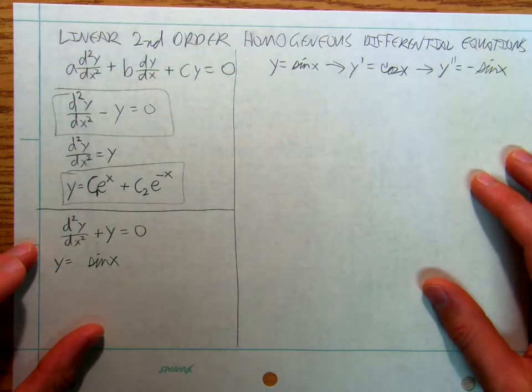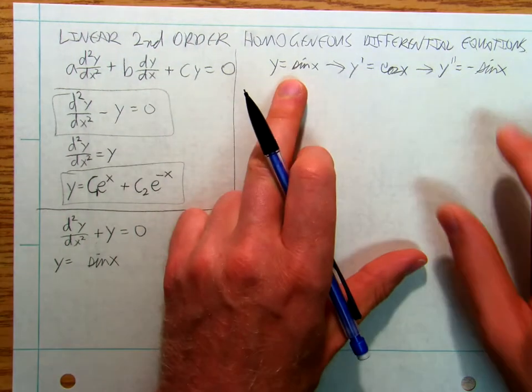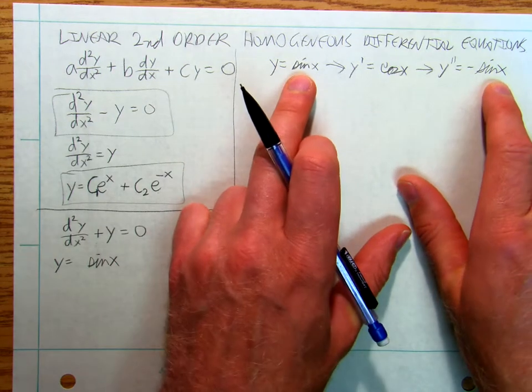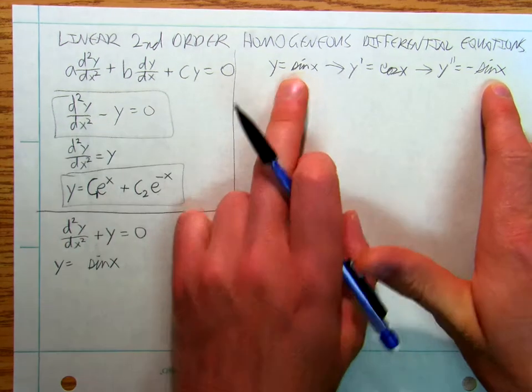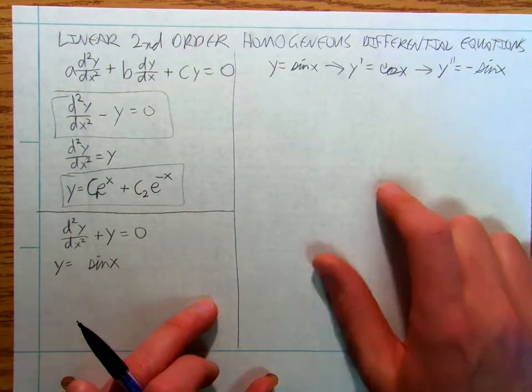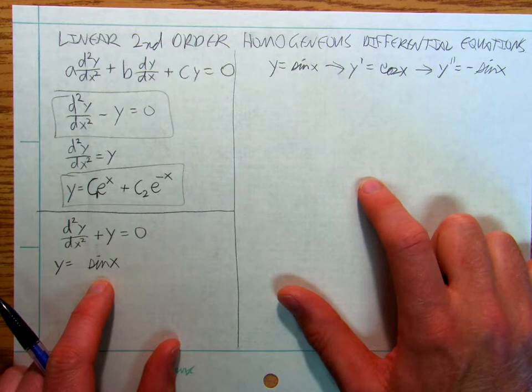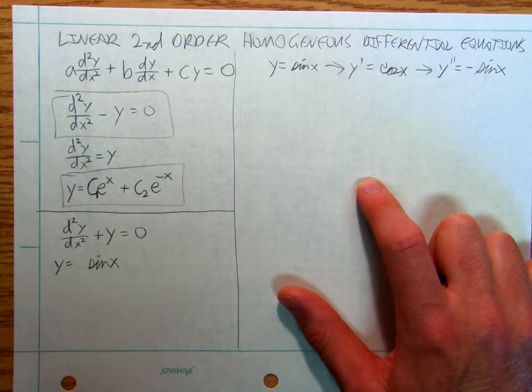Okay? So there you got that we have the second derivative is the negative of the function, so that's going to work. So that's part of a solution.